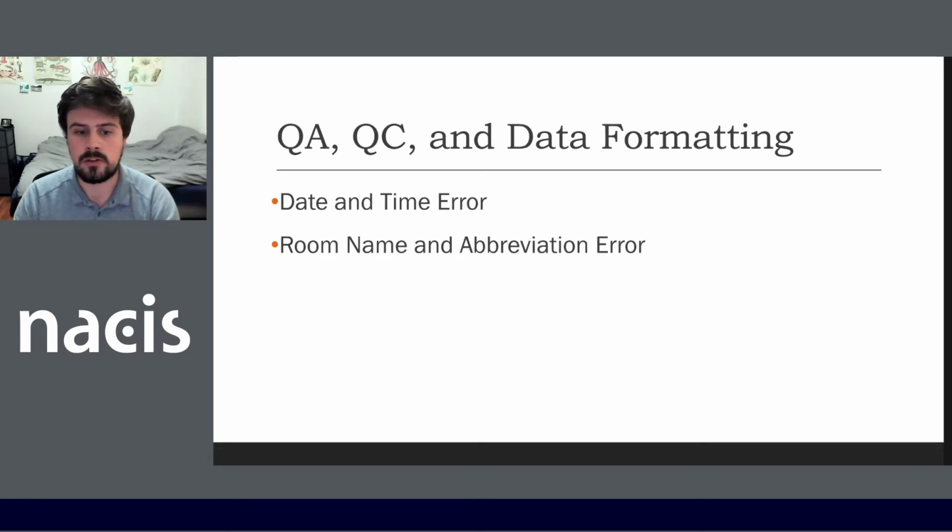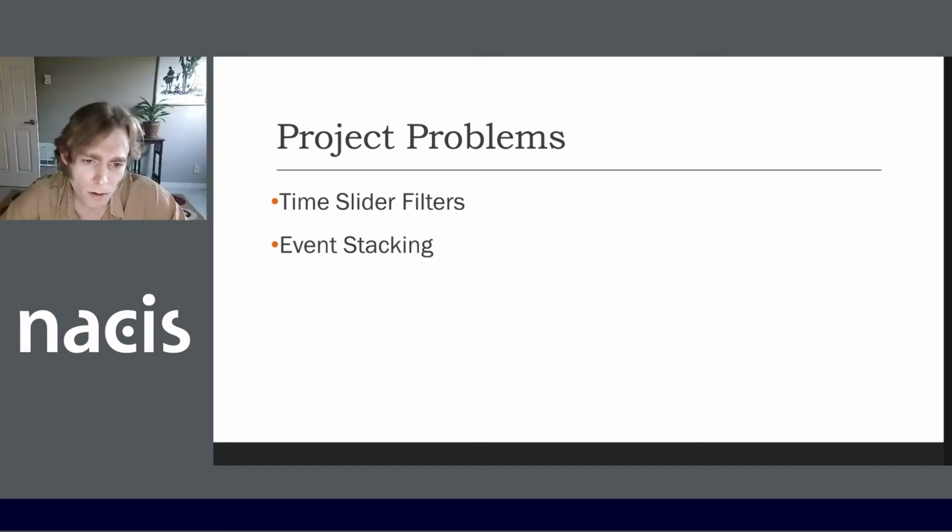Lucas will now discuss the problems we encountered transitioning from ArcGIS Pro to ArcGIS Online. Thanks, Jimmy. So one of the first problems that we encountered going from Pro to Online and then to Web App Builder is that time sliders filter records in the attribute table within Arc Pro, as well as filtering the visualization on the map.